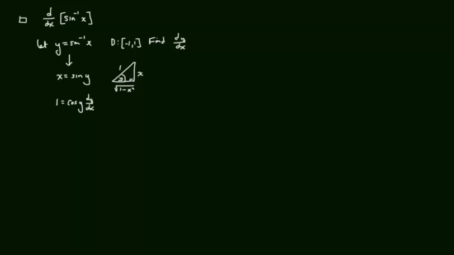And as we stated before, the goal is to find dy dx, which would be 1 over the cosine of y. And that's going to be 1 over, and then the cosine of y is the square root of 1 minus x squared. Isn't that beautiful? And that's it. That's what dy dx is.